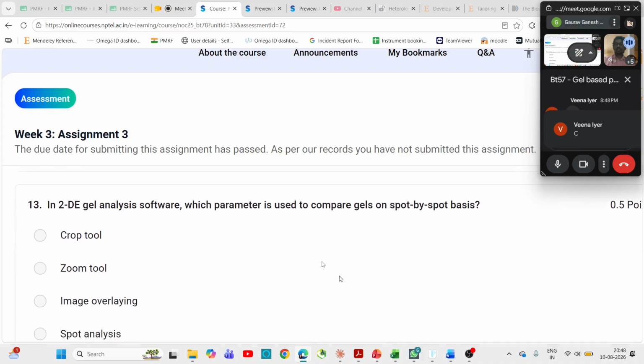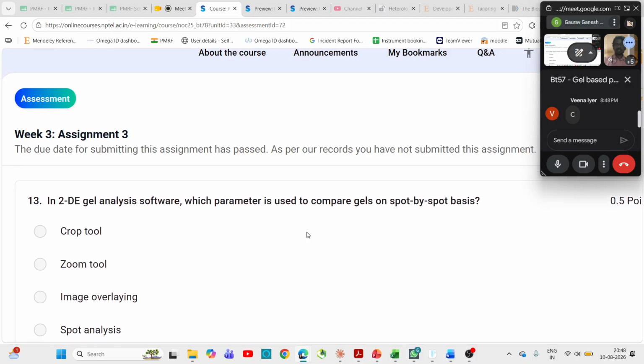In analysis software, which parameter is used to compare gels on a spot by spot basis?